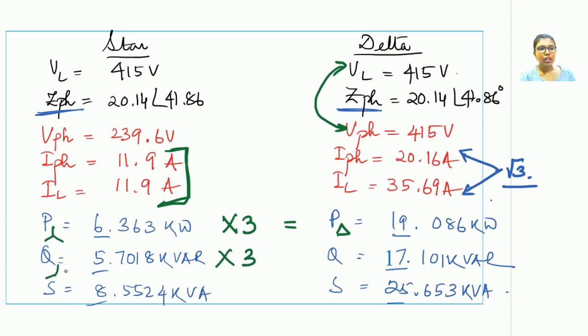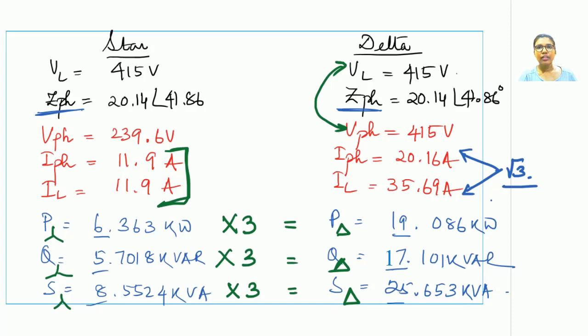The same holds true for reactive power as well. Multiply 3 to the reactive power obtained for a star connection and you shall obtain the reactive power for a delta connection. Multiply 3 with the apparent power obtained for a star connection and one shall obtain the apparent power for a delta connection.